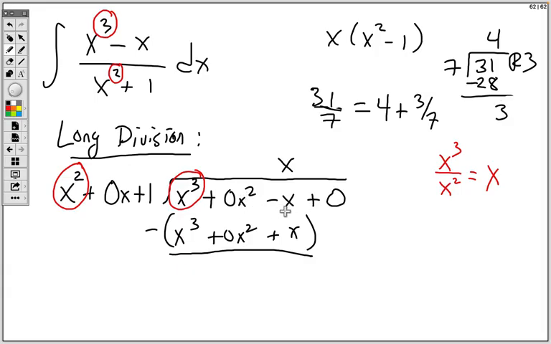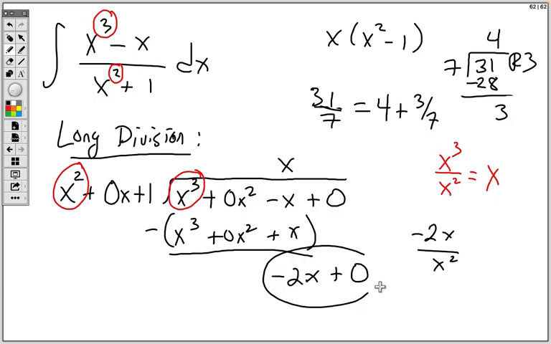I have a minus x minus x, minus 2x, and then bring down the 0. And now I look, x squared does not go into 2x because the power here is greater than the power there. So the power on top is less than the power on the bottom, so I know that that's going to be my remainder, like so.